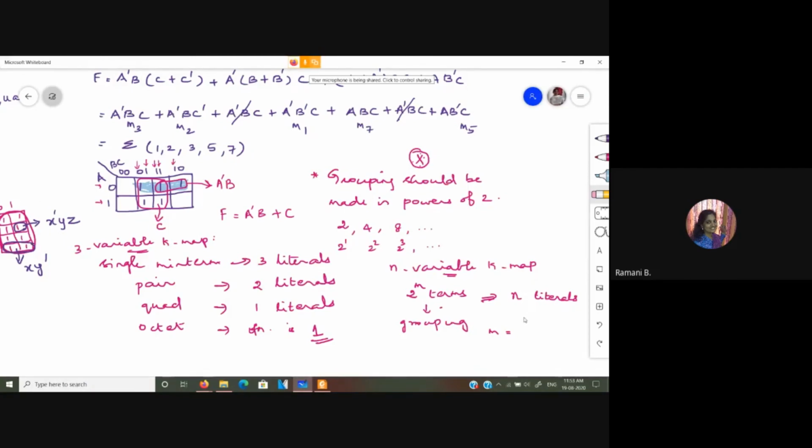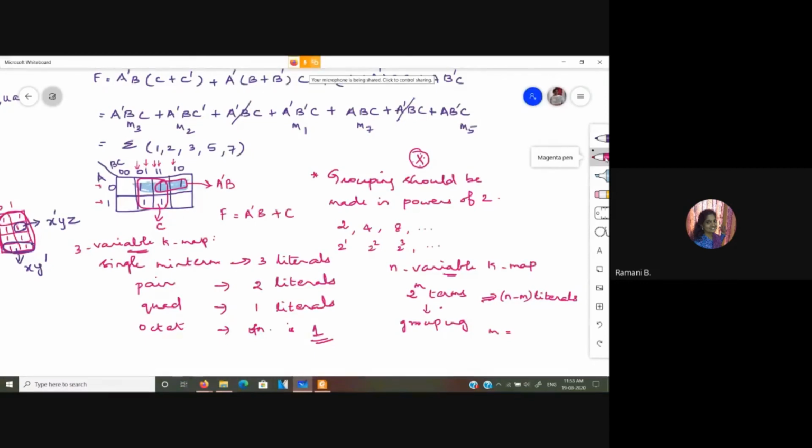For 2 power 0, I will be having 3 literals as such. Then this can be generalized as n minus m, I suppose. So if m is equal to 0, this will be 3 minus 0. If m is equal to 1, this will be 3 minus 1.